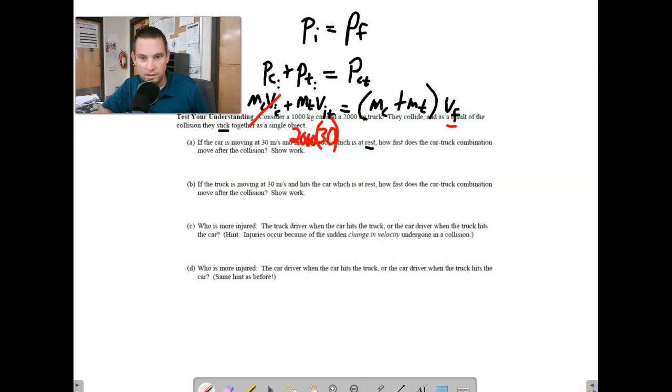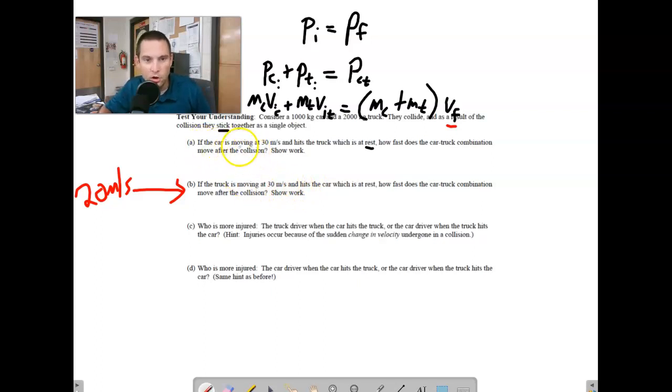Let's clear this up because I think this equation is going to continue to work, and I don't want to rewrite all of it. If the truck is moving at 30 meters per second and hits the car, which is at rest, oh, that's what we just did. We just did B on accident. Whoops! Good for us, we're ahead, but not really.